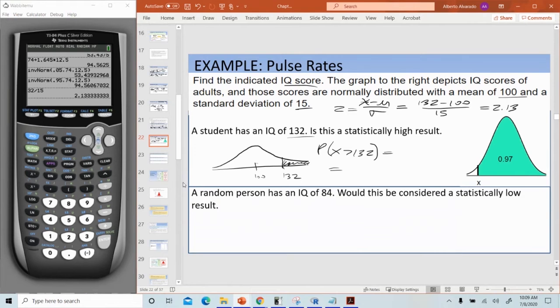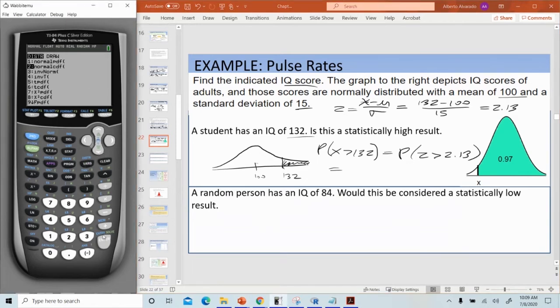So the probability that x is greater than 132 is the probability that z is greater than 2.13, which I can do with normal CDF of the z-score. This is the x-axis. The z-score would be 2.13, so 2.13 to infinity. That's 0.0165.